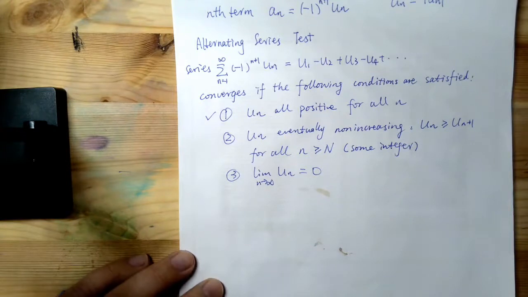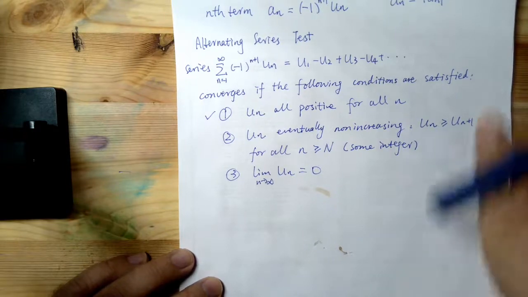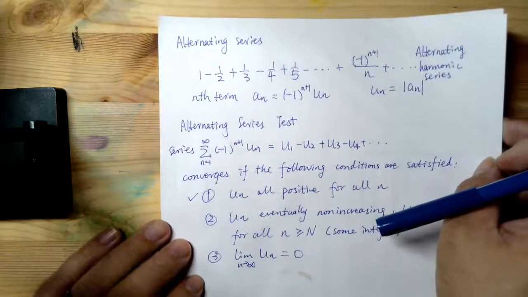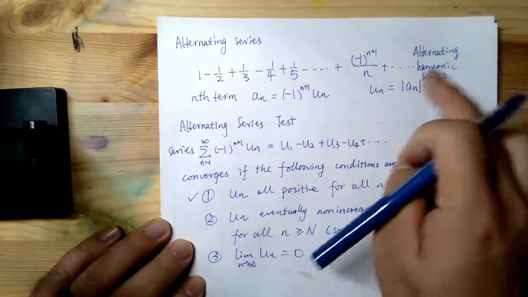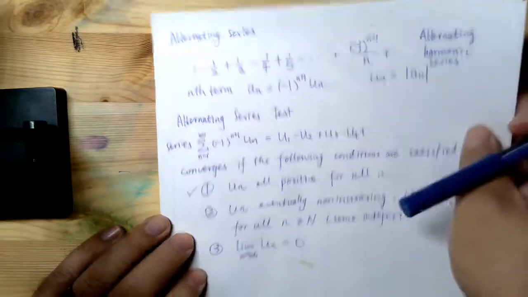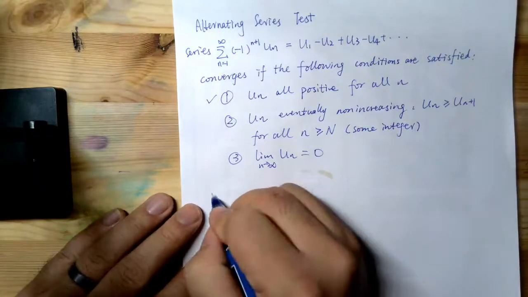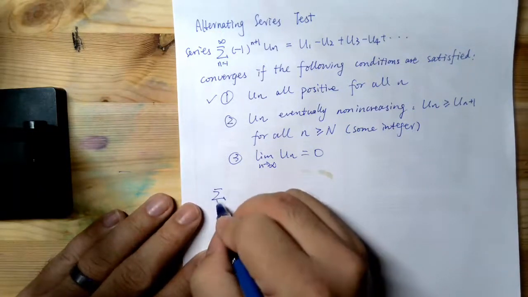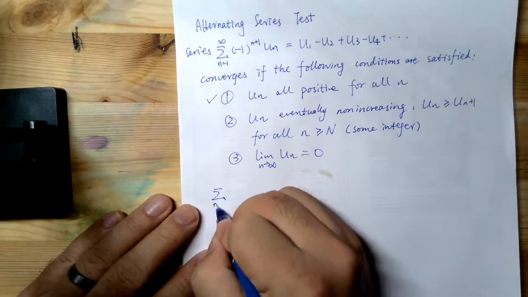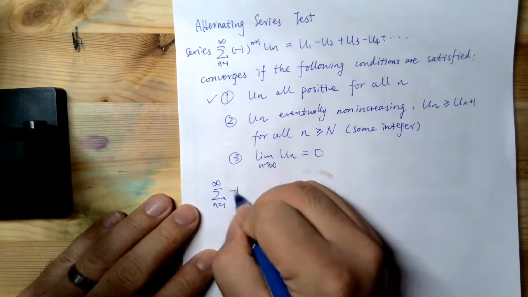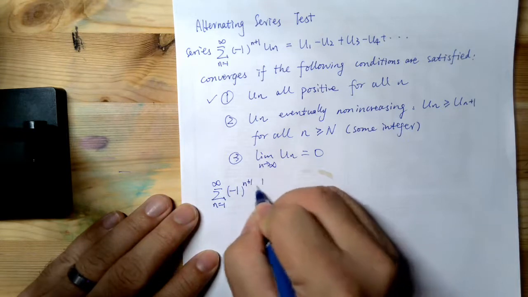So now let us look at a very straightforward example, which we will go back to here. Let's look at this alternating harmonic series. We can write this down. So this series is the sum from n equals 1 to infinity of (-1) to the power n plus 1 over n.